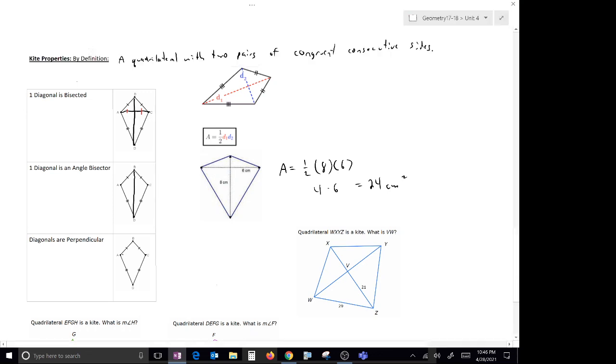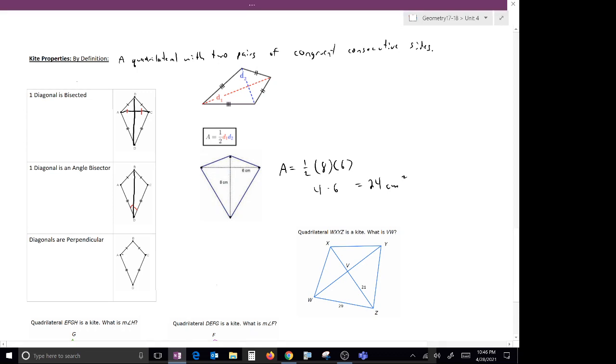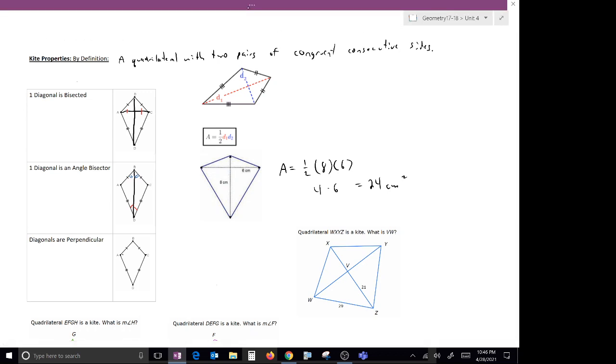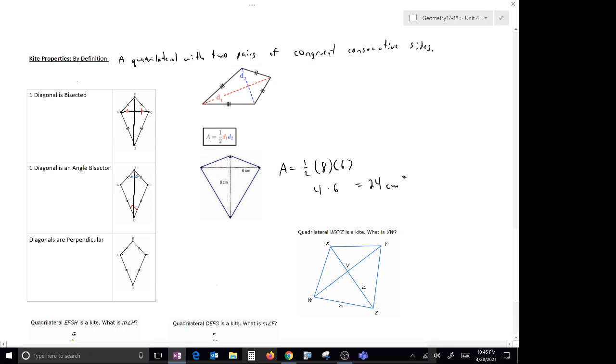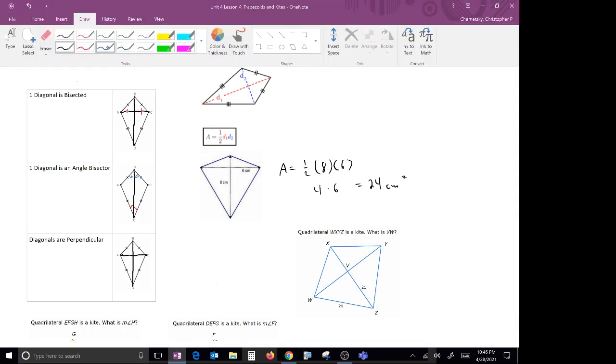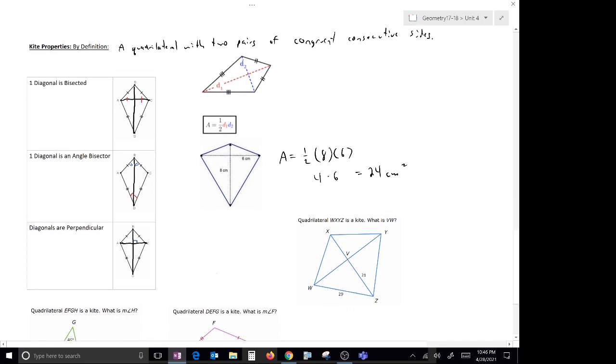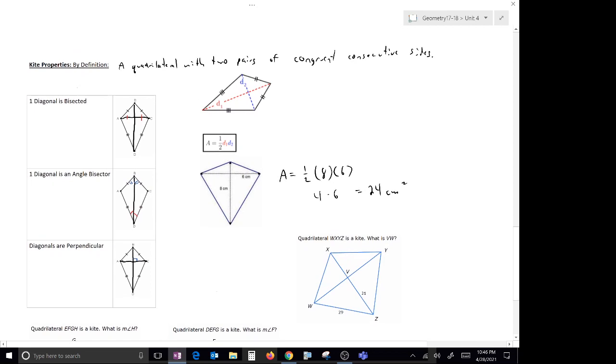So it's going to split the bottom angle in half, and it's also going to split the top angle in half. And finally, the diagonals are perpendicular, and when we draw our diagonals, they're going to form this nice right angle here. Alright, those are our properties for our different quadrilaterals.